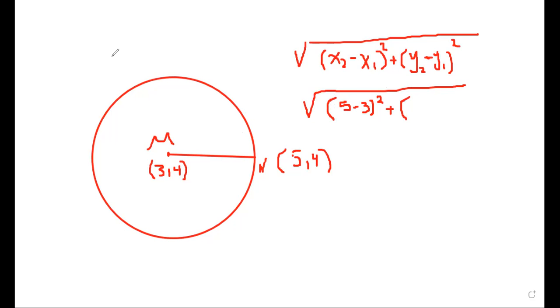Let you know that we can use a distance formula in the circle, in the rectangle, in the parallelogram, in any geometric figure, because the main point is the same, to calculate the distance between 2 points by using a distance formula. Understood? So this is 5 minus 3 and 4 minus 4 all to the power of 2.